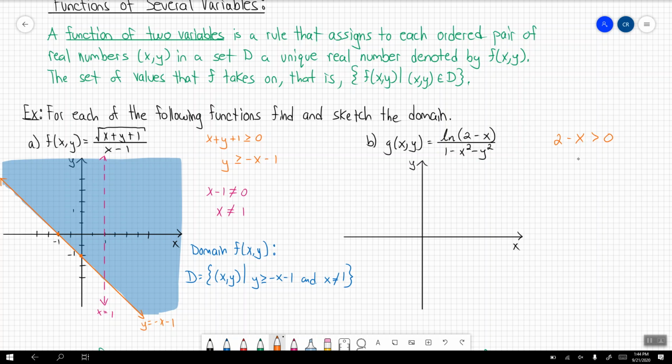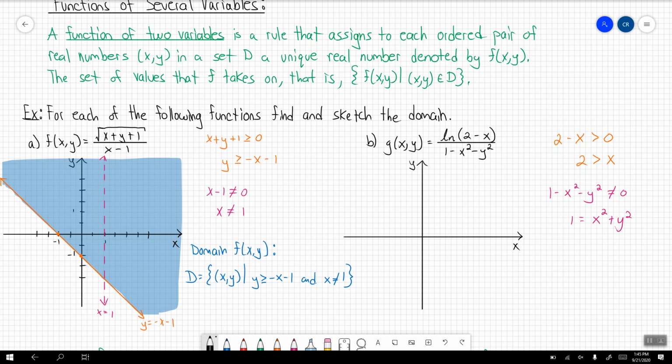This is going to show us that 2 is greater than x, or we can say that x is less than 2. We also get a denominator, where the denominator cannot be 0. So I'm going to make sure that this is not 0. In that sense, we now get that the circle centered at 0, 0 with radius 1 will not be included.